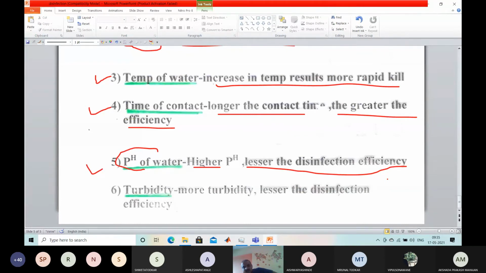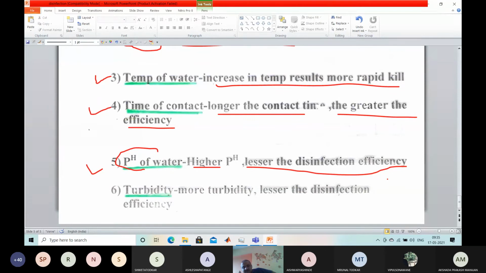As a result, there is more disinfection efficiency, because HOCl is more effective than OCl, and more formation of HOCl is between 5.5 and 8. So our aim is to maintain the pH near that range to get more efficiency, because HOCl is more efficient.